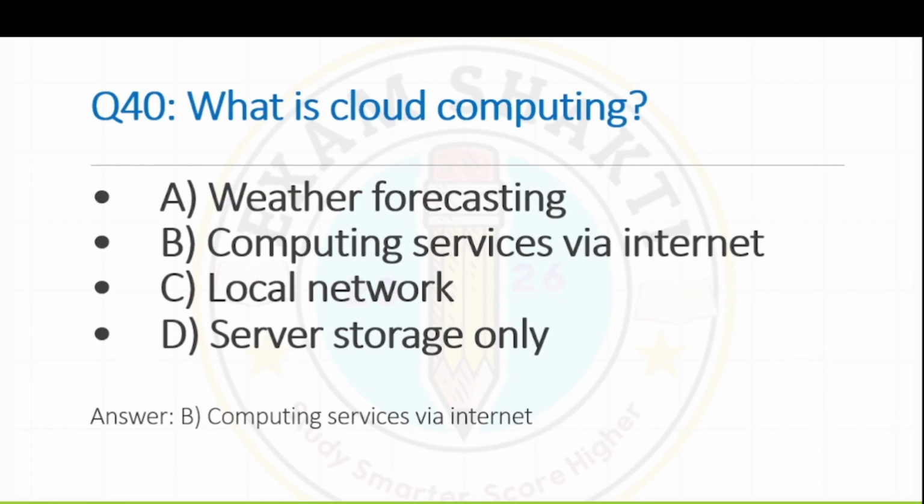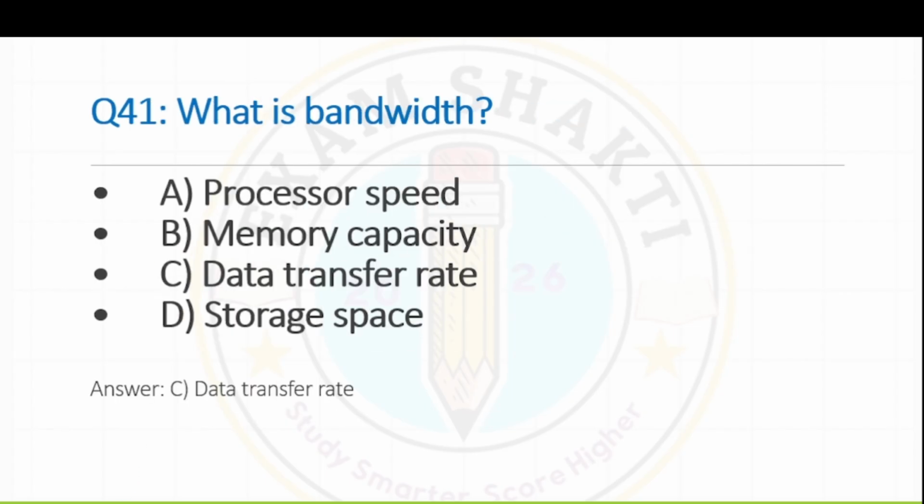What is cloud computing? Weather forecasting, computing service via internet, local networking, storage only. Answer B, computing service via internet. What is bandwidth? Processor speed, memory capacity, data transfer rate, storage space. Answer C, data transfer rate.